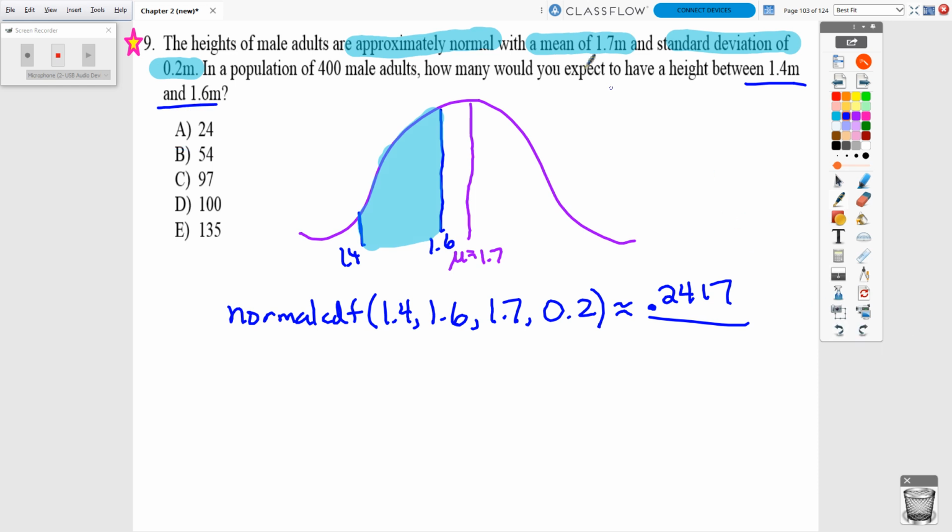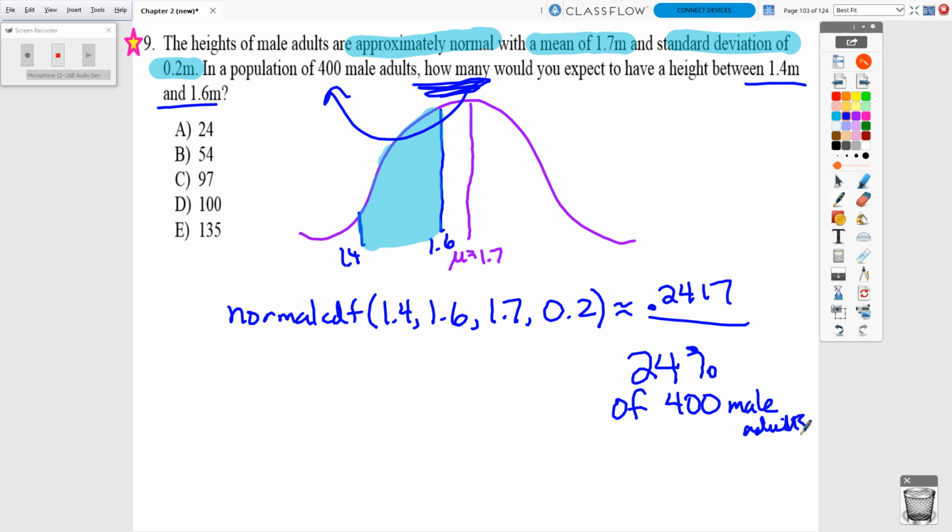Cool. But I didn't ask for what percent. I asked for how many out of 400. We would expect 24% to be between 1.4 and 1.6. So what is 24% of 400 male adults?